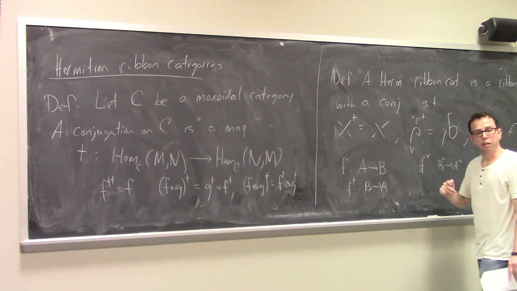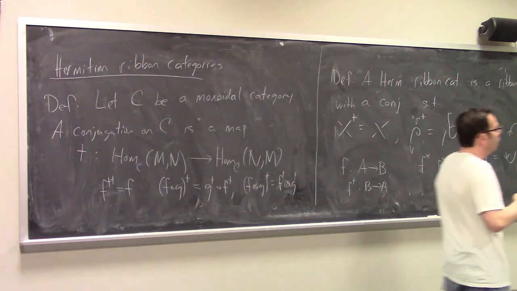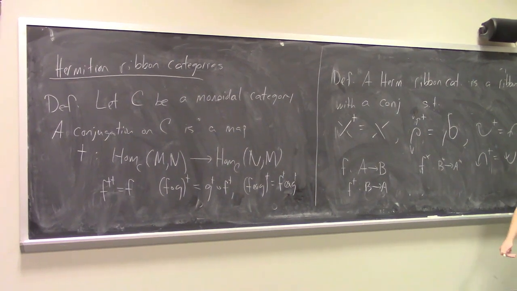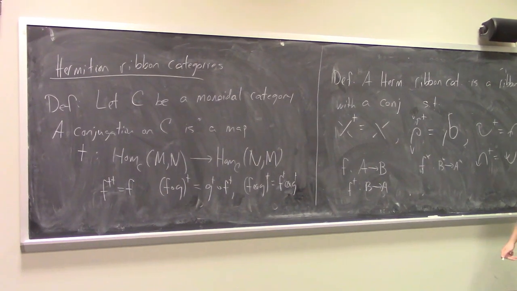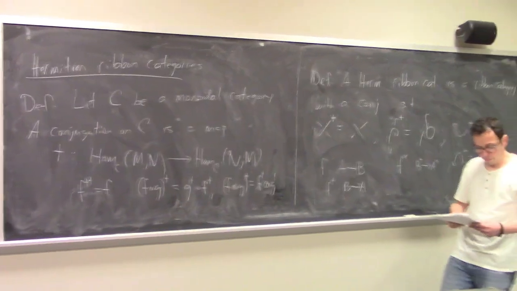So maybe dagger is like a reflection on the horizontal plane, possibly with orientation reversal. So it's kind of like a reflection in the horizontal plane and reversing orientation. Maybe that helps. And the star is just this dual, it's just rotation by 180 degrees.